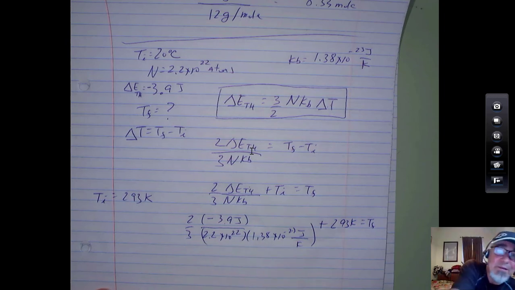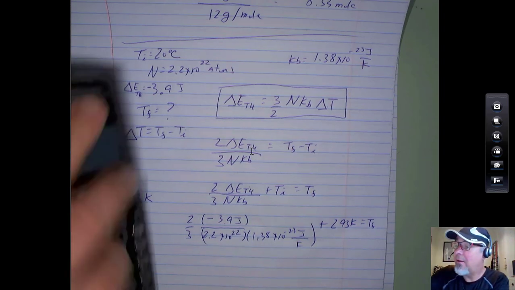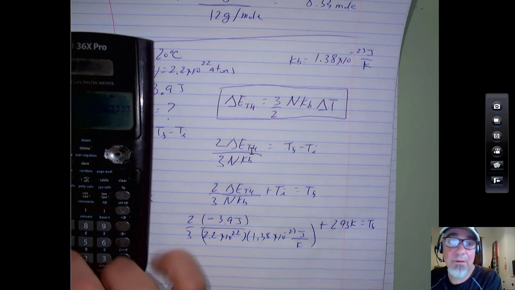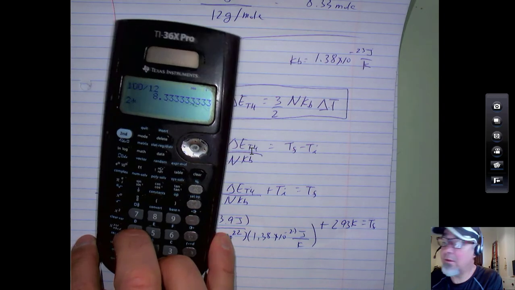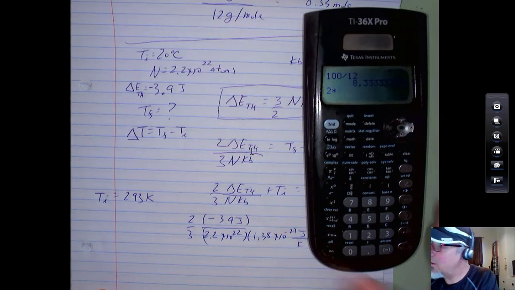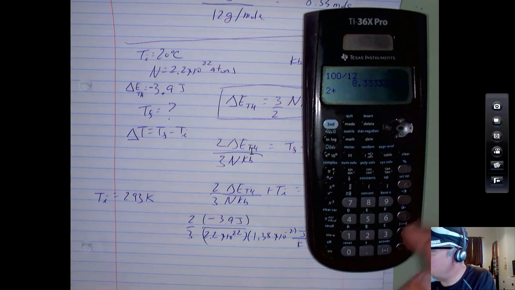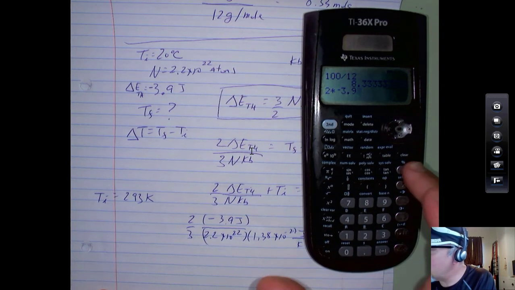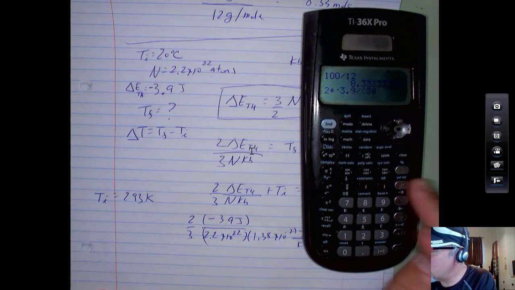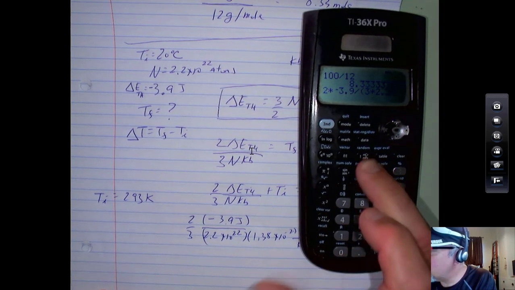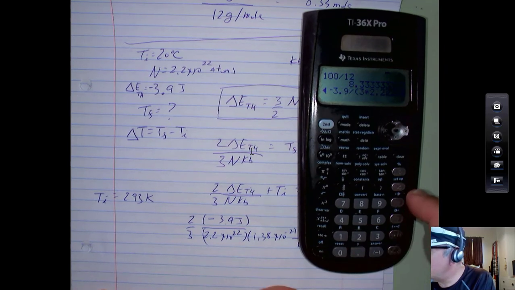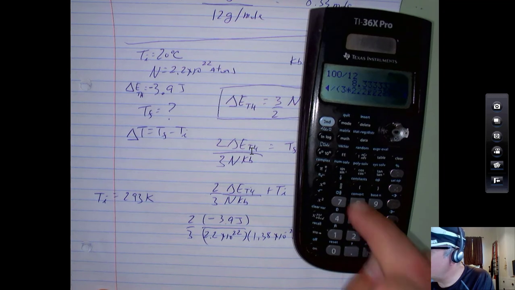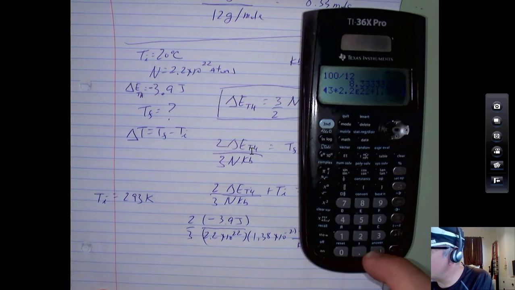Let me see if I can find my calculator. Okay, so 2 times, put it here so you can see it, 2 times negative 3.9 divided by the whole quantity here, 3 times 2.2 to the 22nd times 1.38 to the negative 23rd.